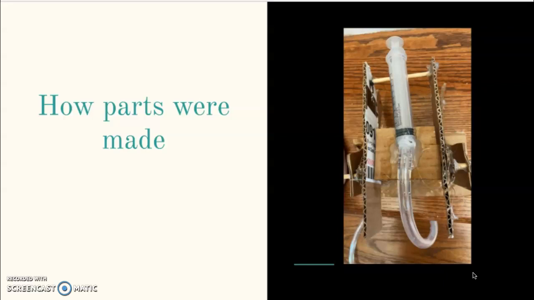Some parts of the cardboard structure were a bit weak, so I reinforced it with hot glue. And to glue the syringe onto the cardboard, I used a little bit of super glue and some hot glue.